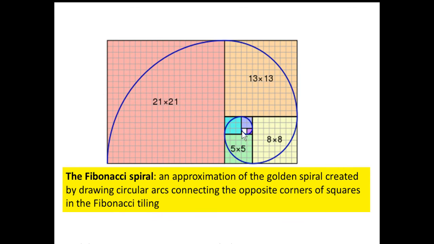You take this corner and this corner diagonally, connect them with an arc, then another square, connect their corners also, and you do this for every square. So you get a spiral like this, and that spiral is called the Fibonacci spiral. This occurs in nature in numerous things.